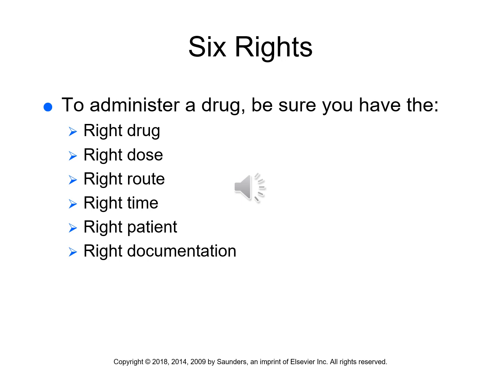We want to make sure we have the right time. So you have to know the hospital routine for intervals. Some facilities might allow an hour before and an hour after the medication is due. For example, if the medication is due at 9 a.m., you may have between 8 and 10 a.m. to administer it.